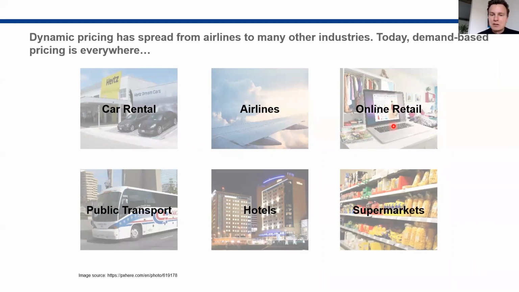It's also in the online retail business. For products that you buy and shop online, there is constant price optimization. Public transportation, bus and train transportation, there the concept of dynamic pricing is deployed, hotels and even in the supermarkets. We are all surrounded by changing prices.